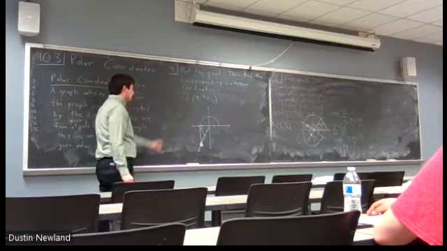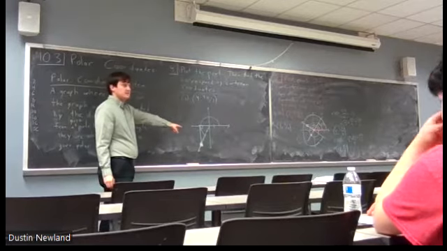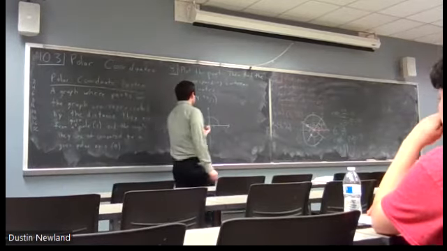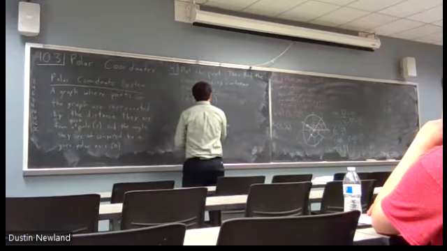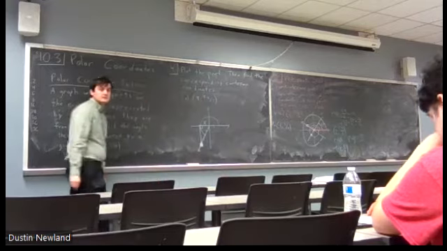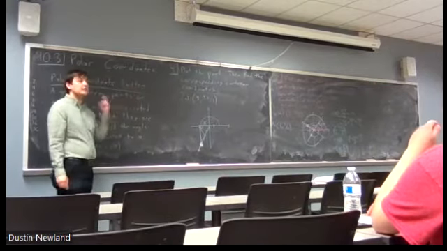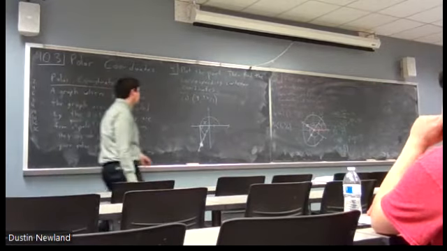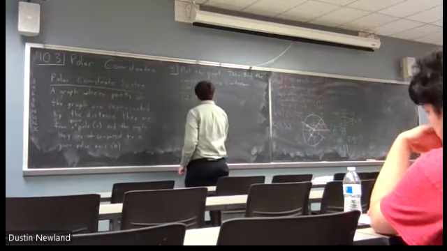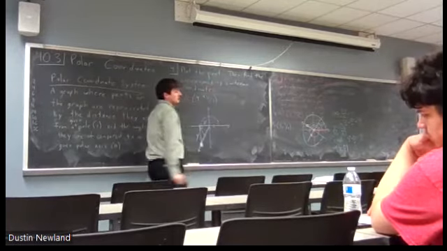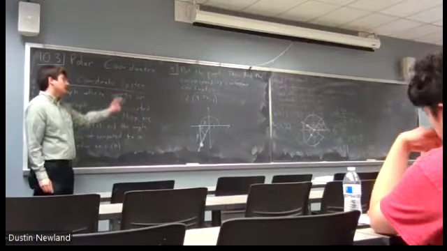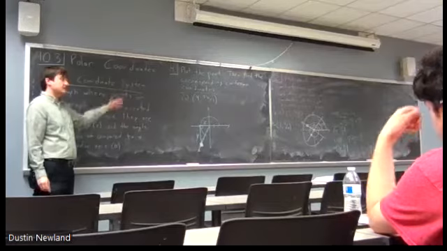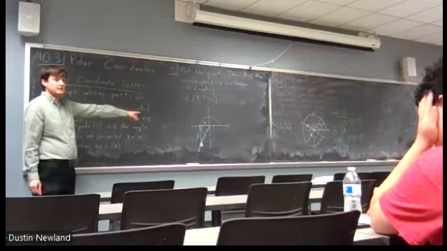Now, if we look at this right triangle that I have, this distance is going to be the x coordinate, because if I go that far left and right, that's my x coordinate. And this distance right here is going to be my y coordinate. So in order to figure out what x and y are in terms of r and theta, I'm going to use this triangle to help me out.